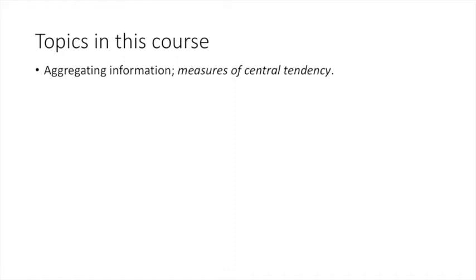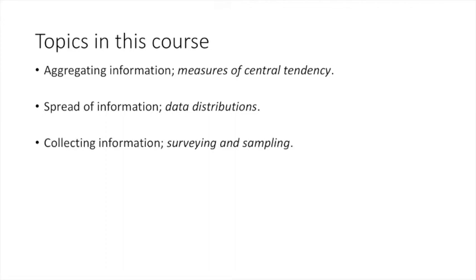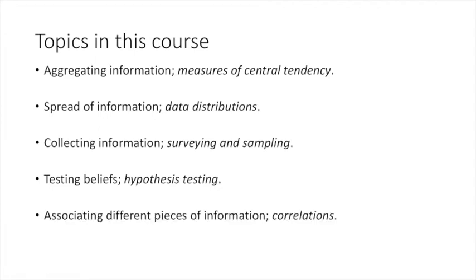So we shall look at aggregating information, that is measures of central tendency, spread of information, that is various data distributions, how to collect information, that is surveying and sampling, testing beliefs, that is hypothesis testing, associating different pieces of information, that is correlations, and predicting outcomes, that is a process called regression.